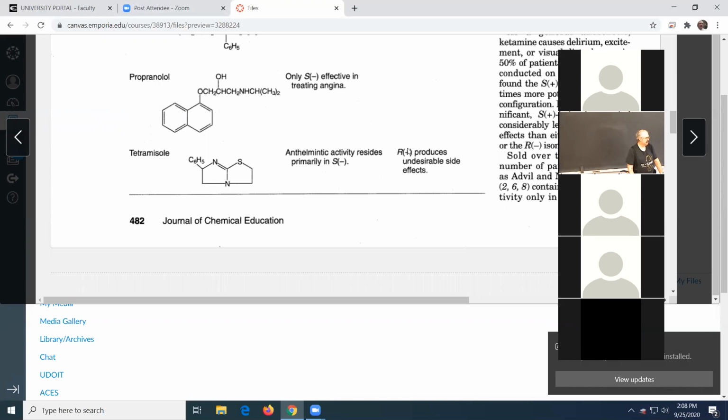Tetramycin is used to treat parasitic infections. Again, one enantiomer is beneficial, the other one produces undesirable side effects.